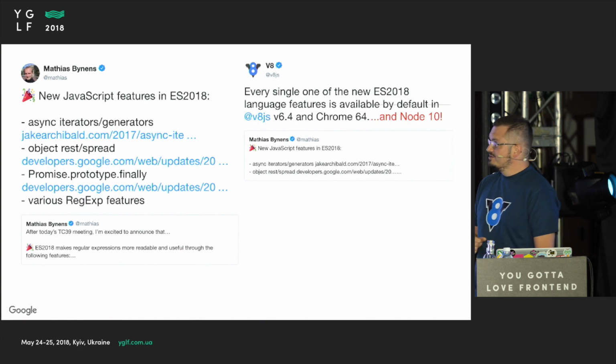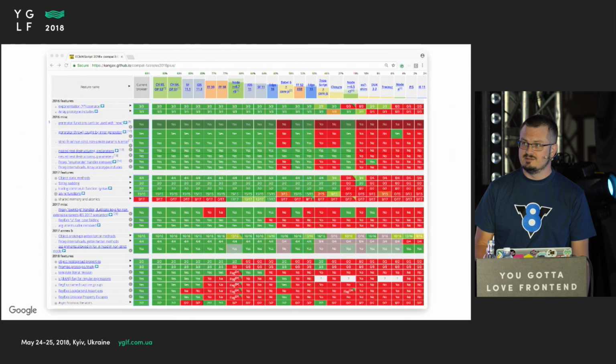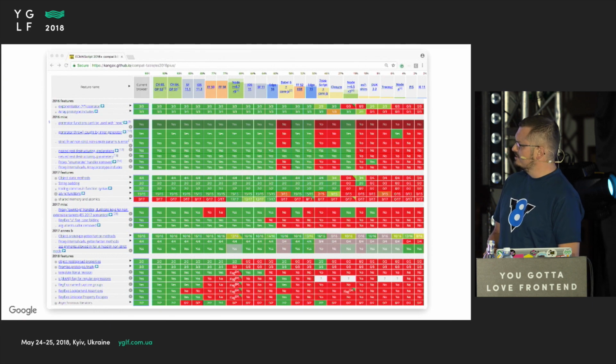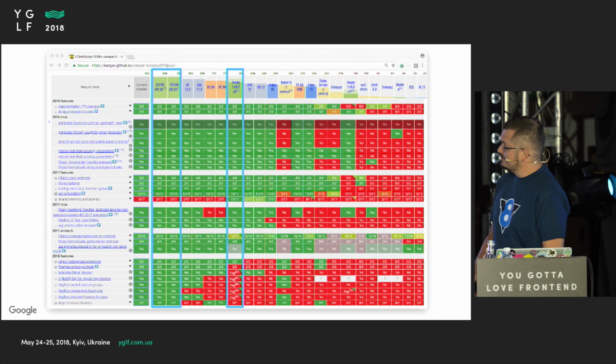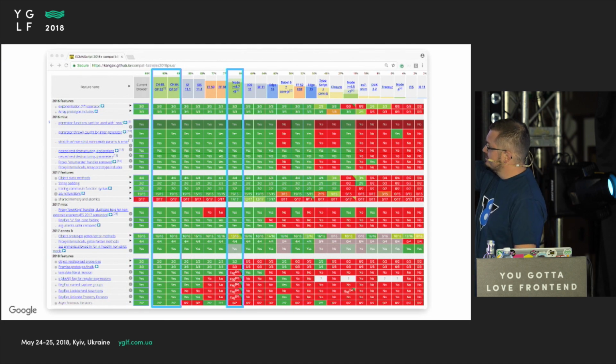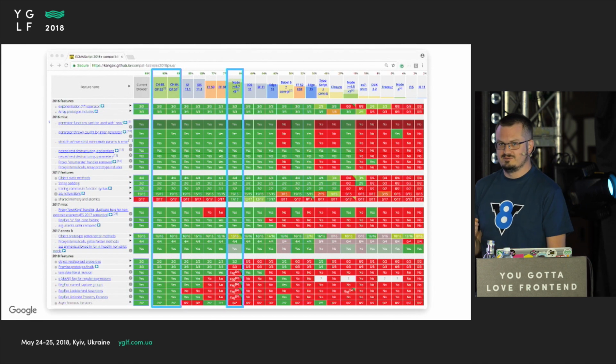And the best thing about it, you can use all of that already in Chrome. Chrome 64 and Node 10 support all of these new features already. If you check the so-called Kangax table, which you cannot really see well on the slides, there are these columns for Chrome. You see that everything is green besides shared array buffers, which had to be unshipped for security reasons when the Spectre thing happened.